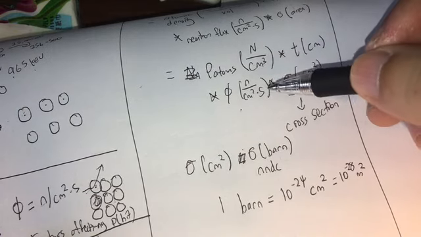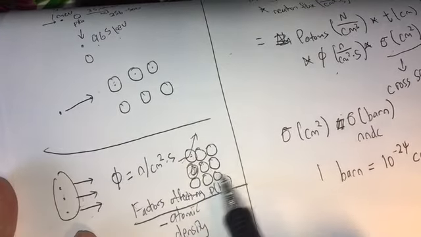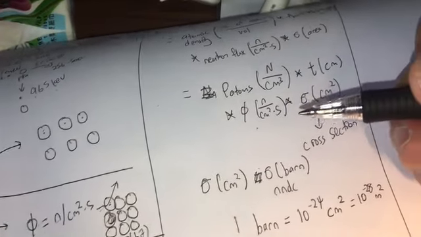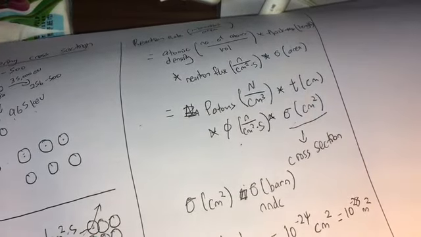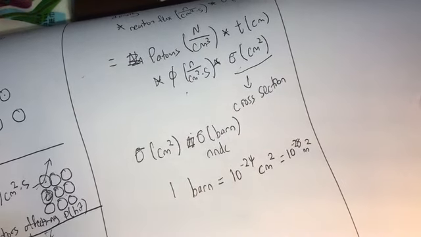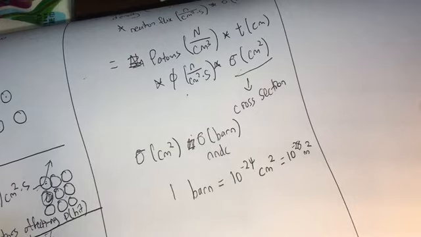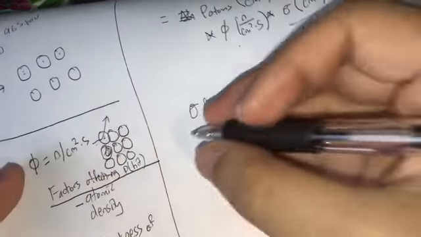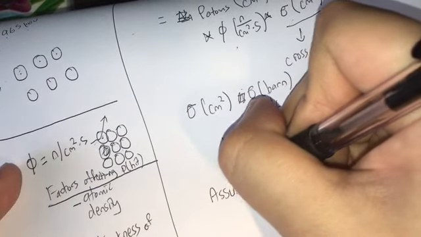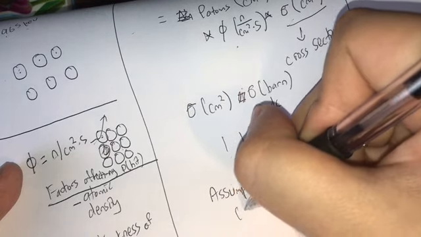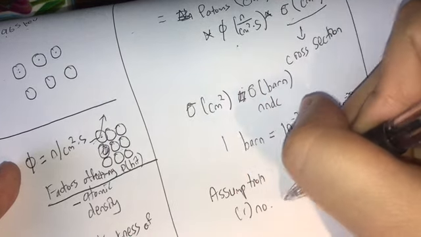We assume that the neutron flux is constant as it passes through this lattice, which assumes that the number of neutrons consumed in the interaction or reaction is negligible, which is quite true for scattering. So we are assuming that this equation holds when the neutron is not absorbed. So the assumption is that no neutrons are absorbed.